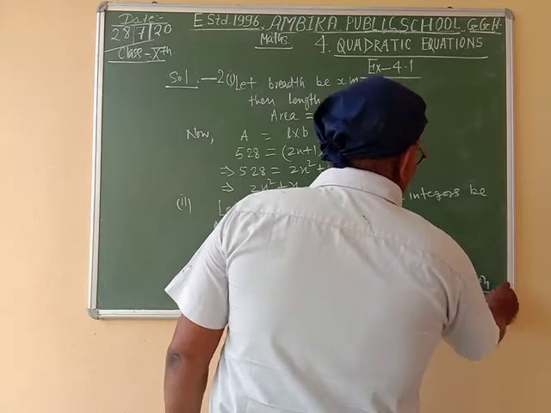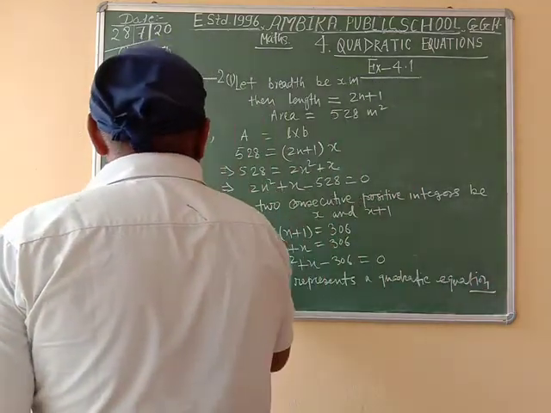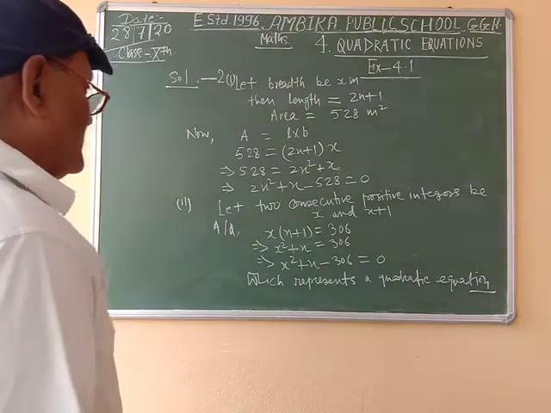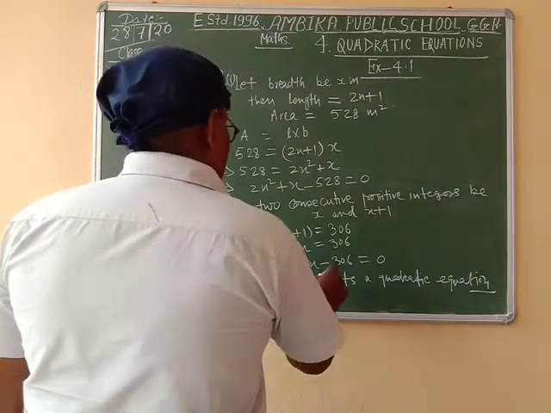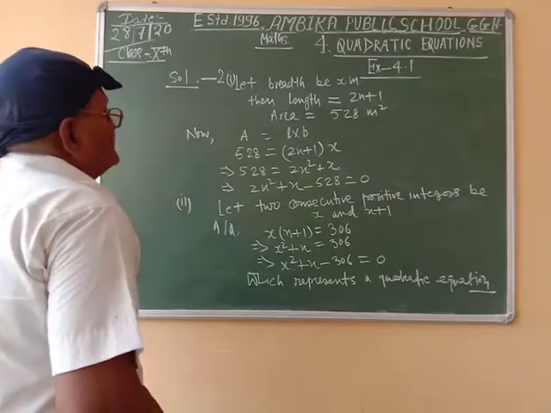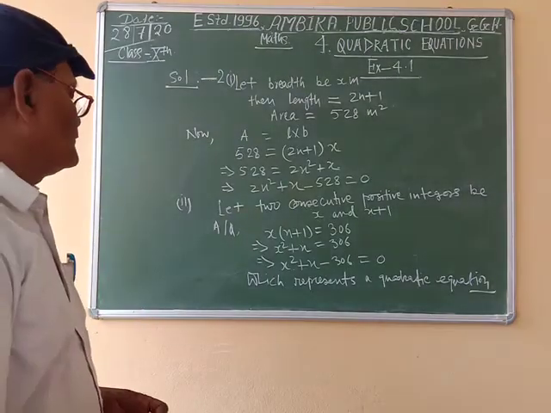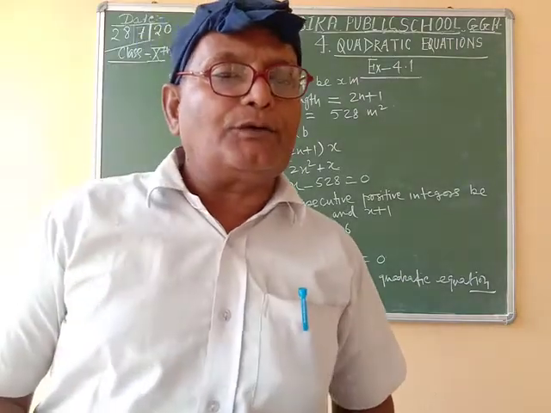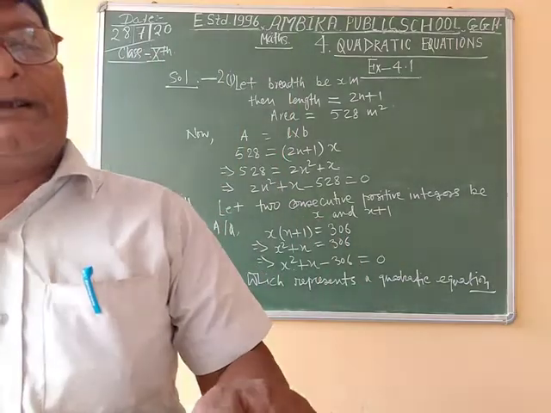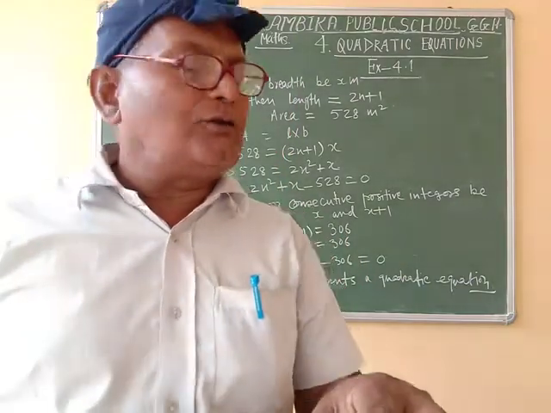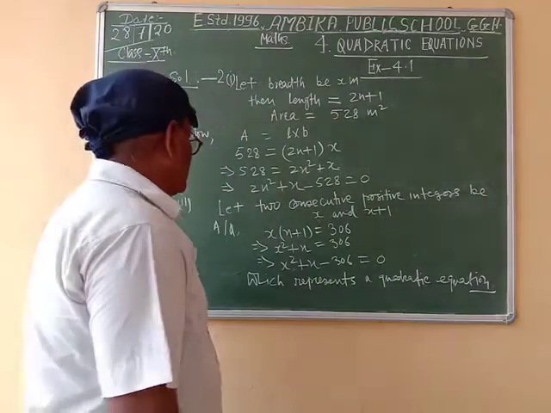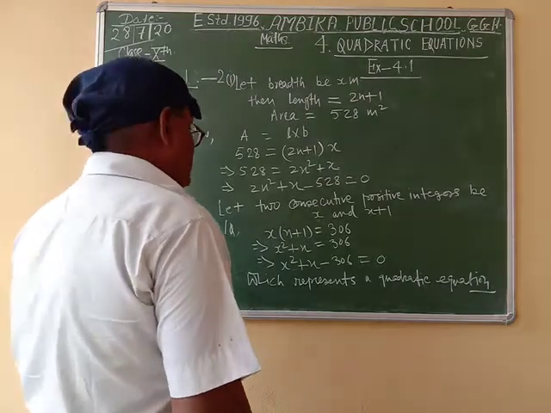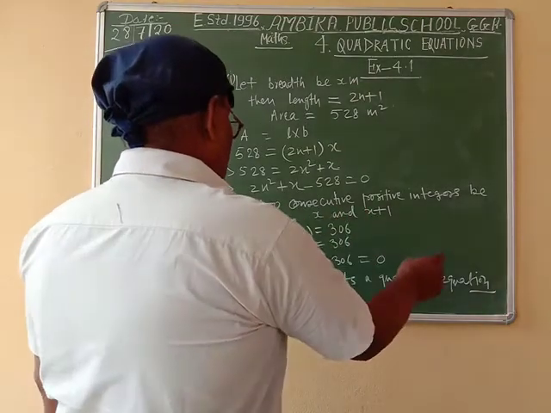So, in this way, according to question, we can find a quadratic equation. Here, in question number 2, the product of two consecutive positive integers is 306. Let us suppose the two consecutive positive integers be x and x plus 1.